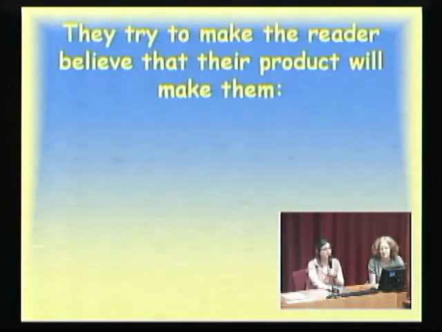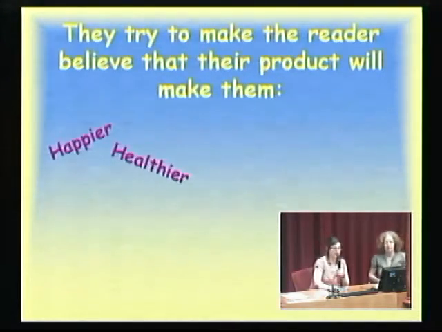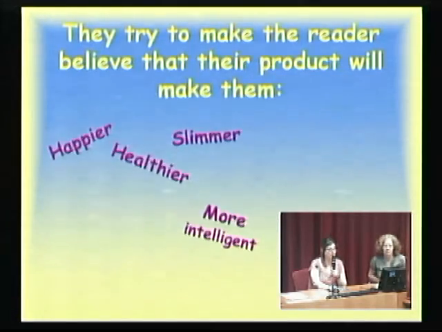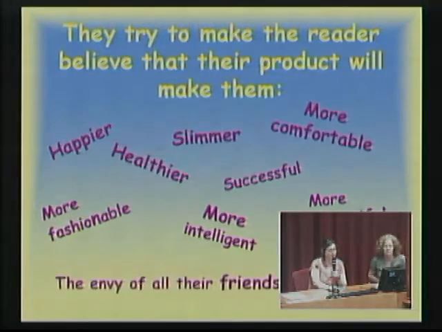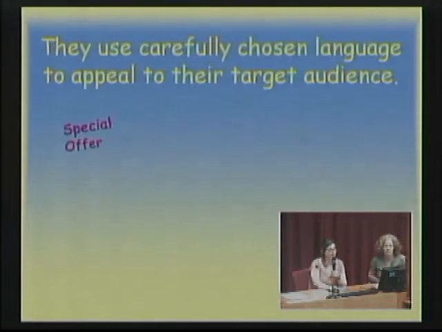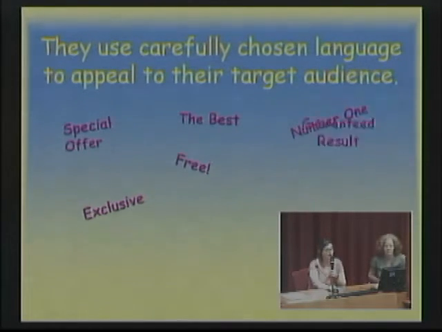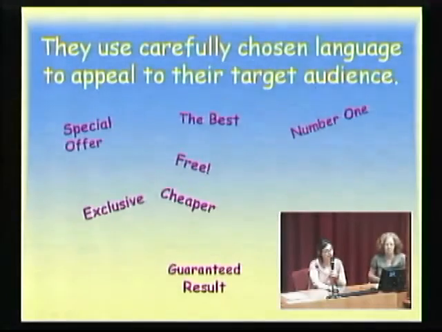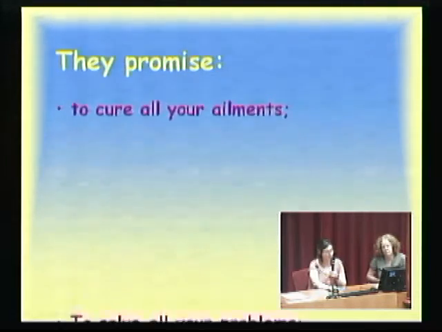So they try to make the reader believe that the product will make them happier, healthier, slimmer, more intelligent, all these things that everybody knows. So, chosen language to appeal to their target: the best, special offer, exclusive, number one, free, bargain. You see all this typical language that comes with adverts. They promise all these.